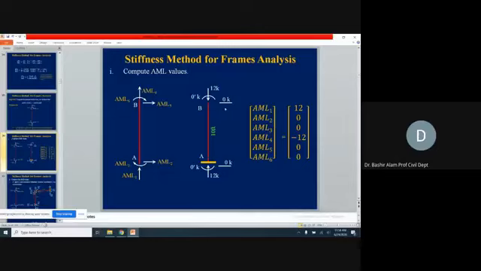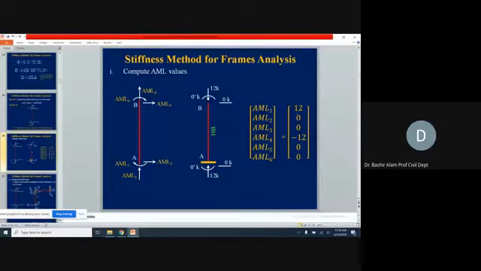You need to go back to where we generated the ADL matrix. For this 10 feet member AB, corresponding to AM1, AML1 is plus 12, AML2 is equal to 0, and AML3 is equal to 0.